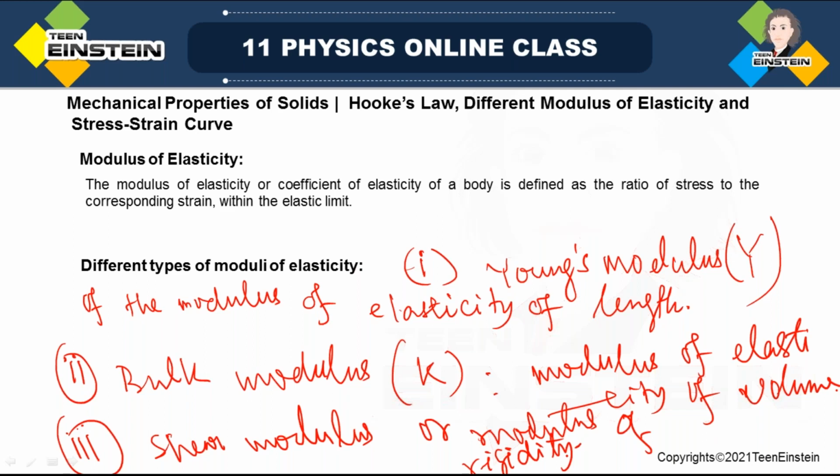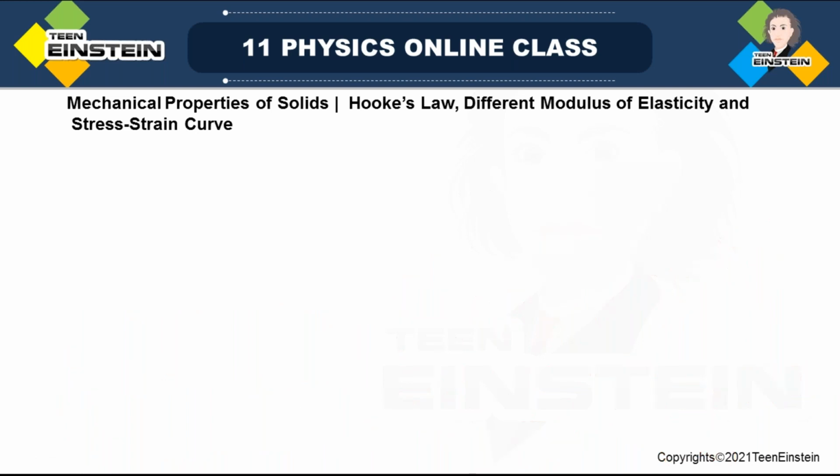So there are three types of modulus, and this rigidity modulus is denoted by eta. I'll discuss these things in detail in the next few slides.